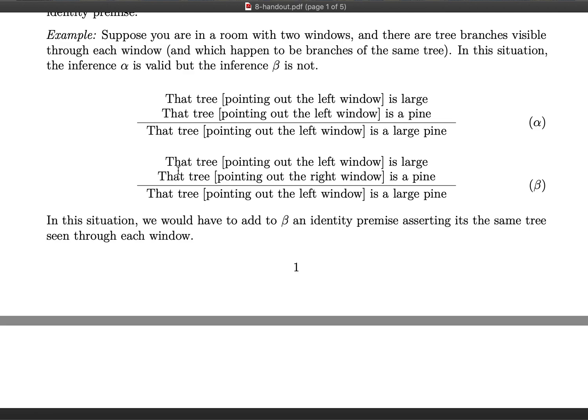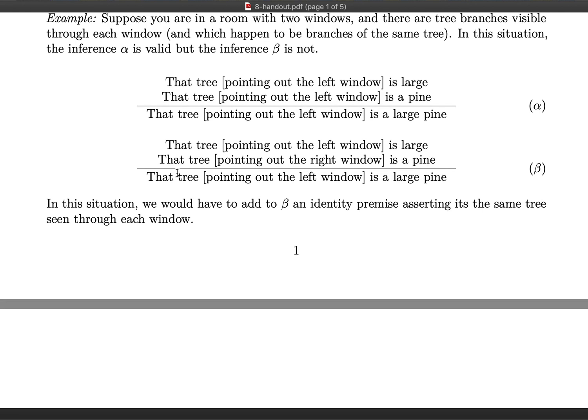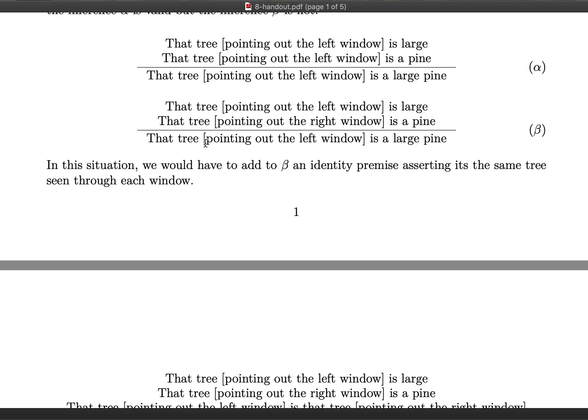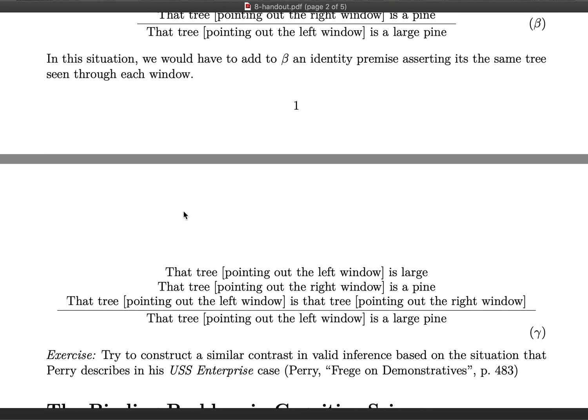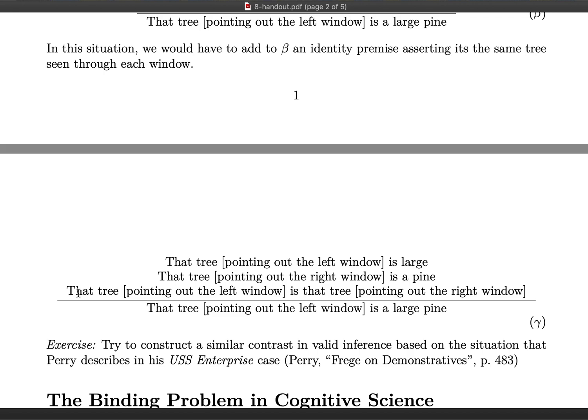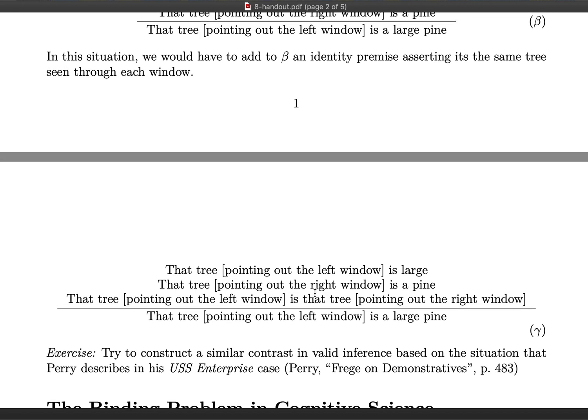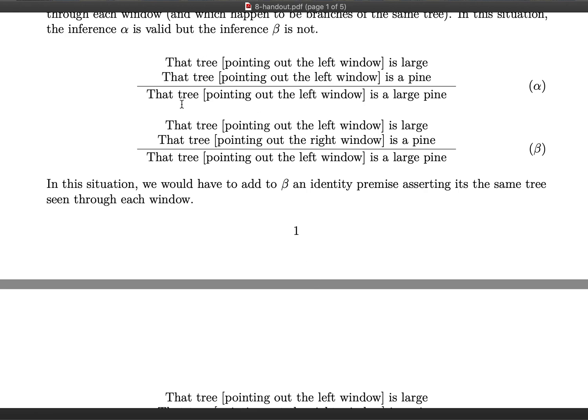And because these two demonstratives do not share a sense, in order for this inference to be valid, you have to add an identity premise. Okay? Whereas when you have sameness of sense and in virtue of the same perceived location, you have the ability to infer, to collect together the information without adding an explicit identity premise.